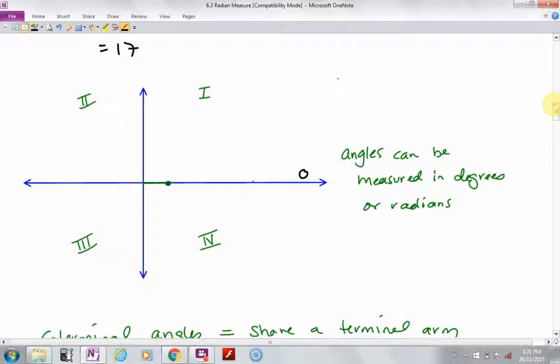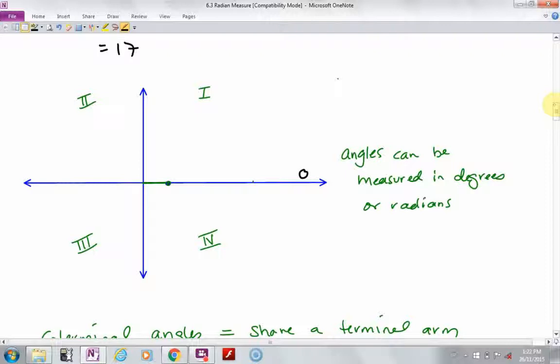So if I give you an angle like pi by 3, what quadrant is pi by 3 in? So 1/3 of pi, what quadrant will that be in? First quadrant, okay? And if I give you pi by 4, what quadrant are we in?